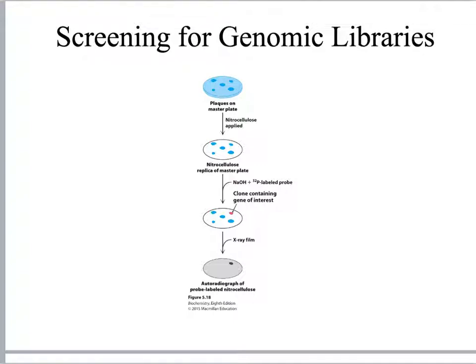They stick to that sheet, and then the sheets are treated and labeled and then analyzed for spots of interest, which would contain the gene of interest. So we have our plaque that forms. You transfer onto your nitrocellulose sheet. You add some probes in there, and the particular portion of interest, because of that probe or that label you put in there, when you analyze it, you're able to detect where it is. And in this case, it's a radioactive version, which we're picking up on X-rays.